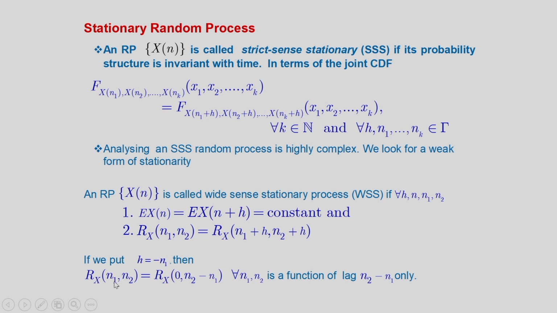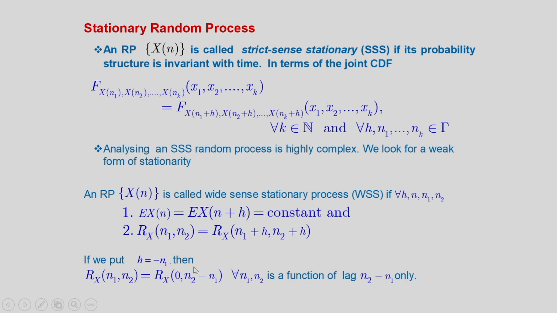So, Rx of n1 and n2 will become Rx of 0, n2 minus n1. If we want this condition, then this is equivalent to the statement that Rx of n1 n2 is a function of lag n2 minus n1 only. It does not depend absolutely on n1 and n2.